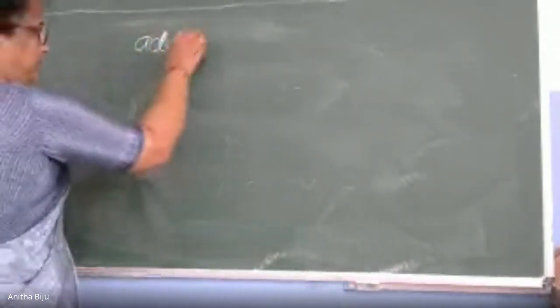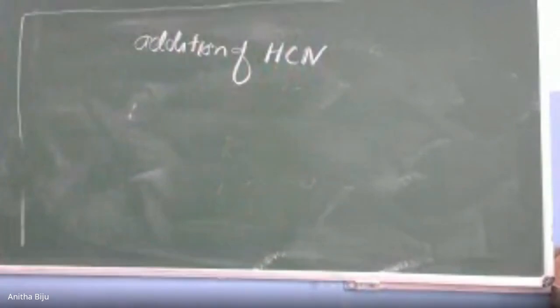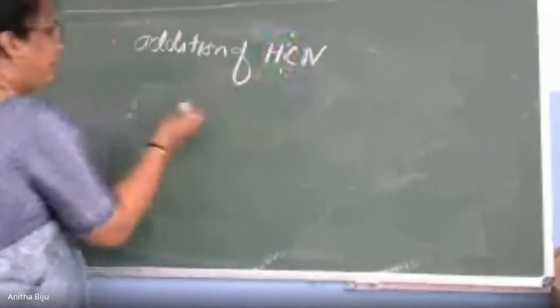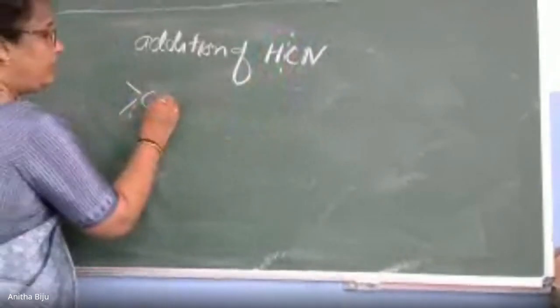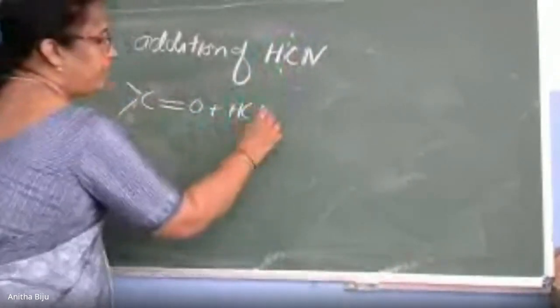We can write addition of HCl. Remember the mechanism. Which part will be added first? Negative part will be added first. So HCl will be split in this way. We can write here the general reaction. C double bond O plus HCl.